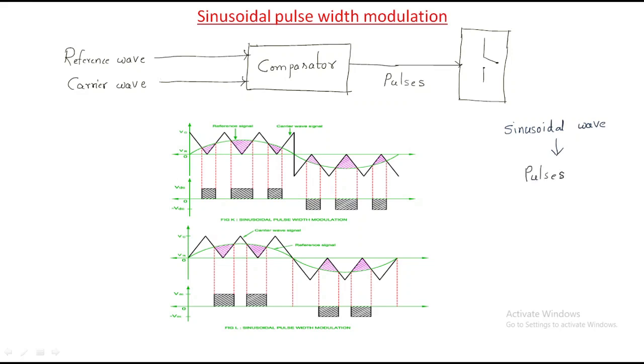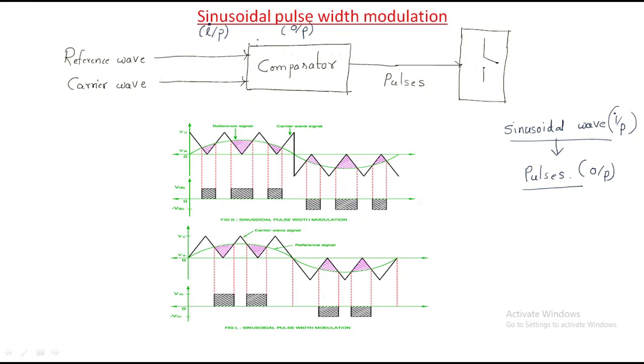We have the input as a sinusoidal waveform, and that input is converted into output as pulses. This process is known as sinusoidal pulse width modulation.